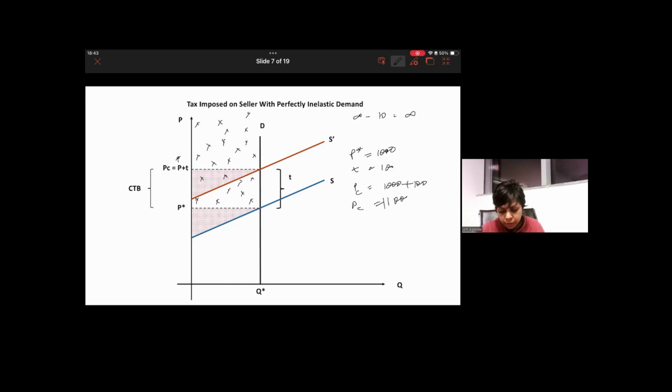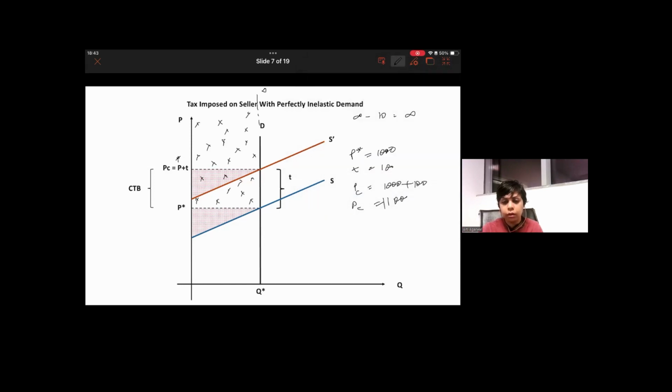It was initially P star into infinity, right? This rectangle is not bounded at the top, right? It goes on till infinity. So now also it is infinity only. Instead of P star, you take P plus T. That is also infinity. Is this making sense?